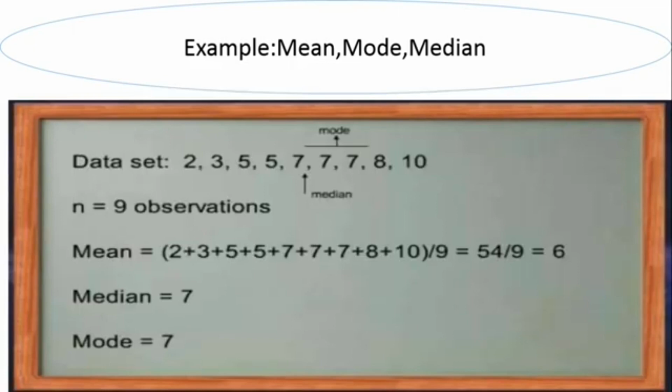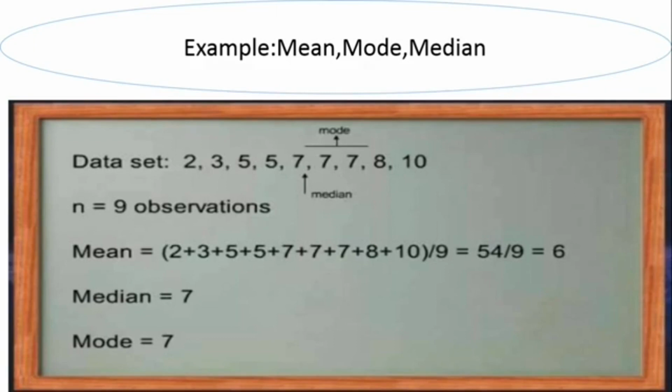We have the data set 2, 3, 5, 5, 7, 7, 7, 8, 10, n equals 9 observations. The mean equals the sum of all these figures divided by 9, the number of observations, which is equal to 6. The median is 7, because with 7 there are 4 observations before and after 7 when we order our sample.